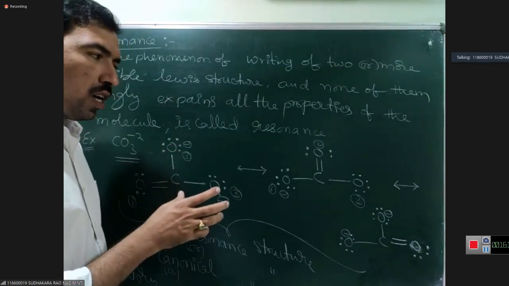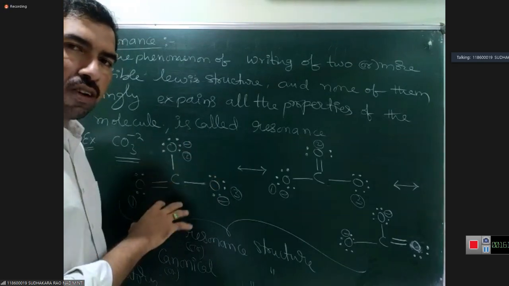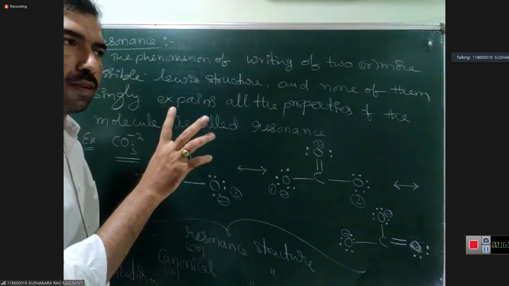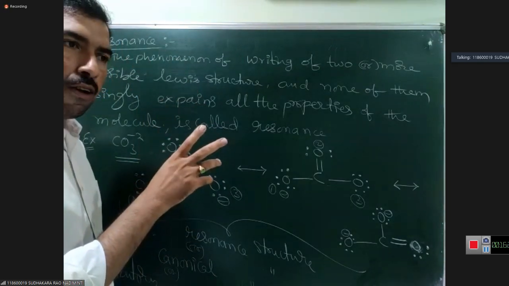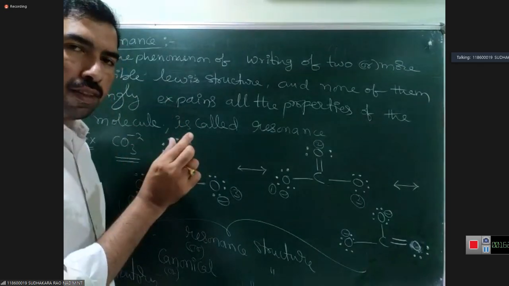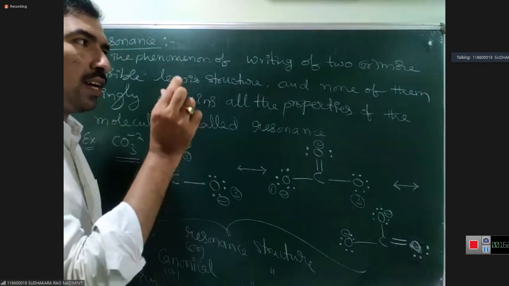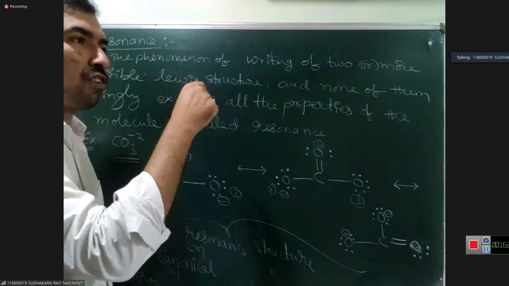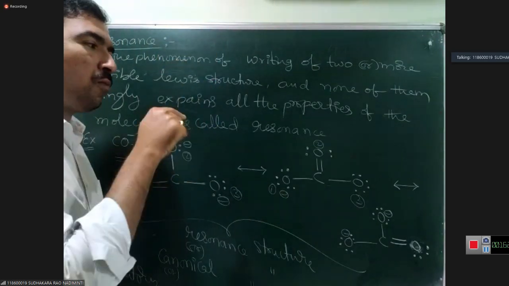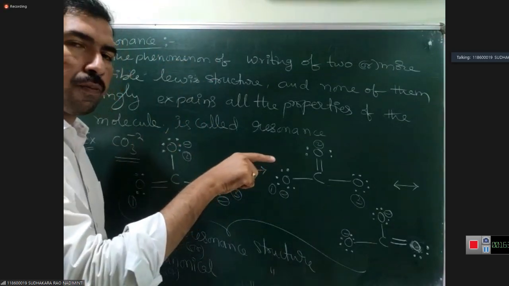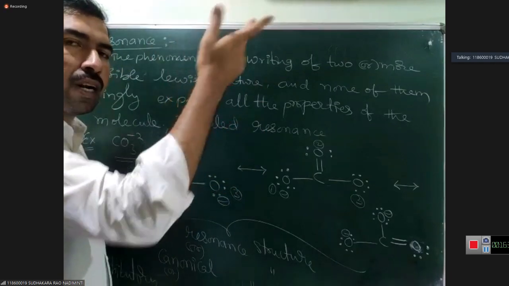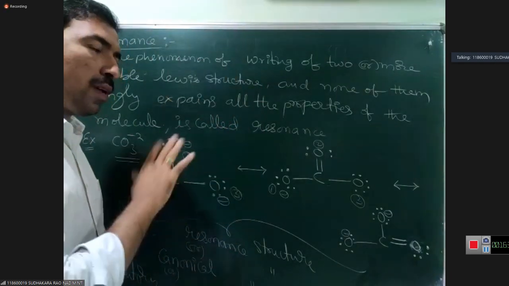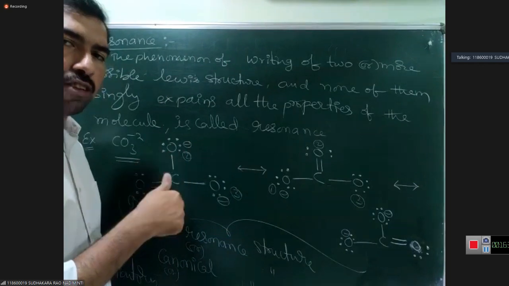Resonance is a different concept. Isomerism is a different concept. In isomerism, the molecular formula is the same, but there will be a difference in the structure. Structure means connectivity: an atom is connected to a particular atom, and in the other case it may be connected to another one. So isomerism is completely different from resonance.